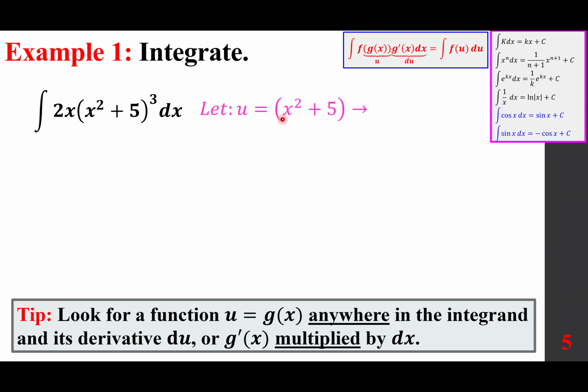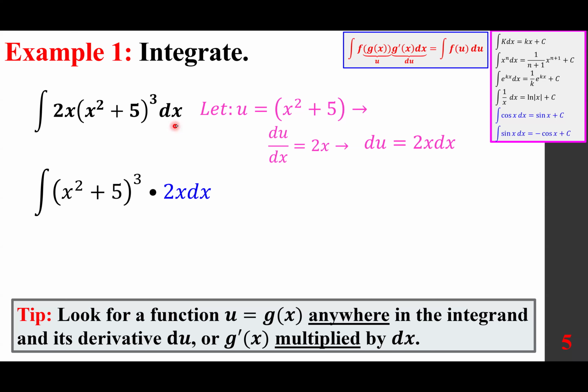Notice if you differentiate this, du/dx is 2x, which makes du 2x dx. Now we move things around. I'm going to move the 2x next to dx because I want to make sure it's clear to everybody. This is u and this is du. That's the reason. If you don't do it, it's okay, but it's really a good practice to do it.